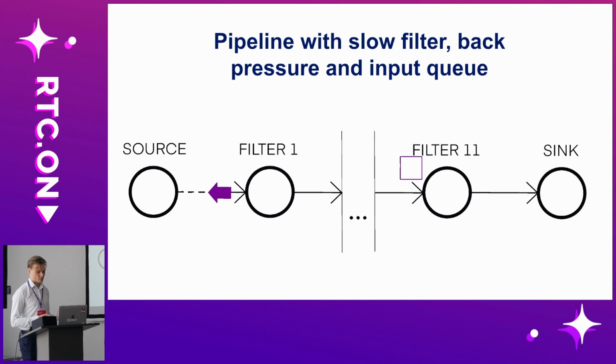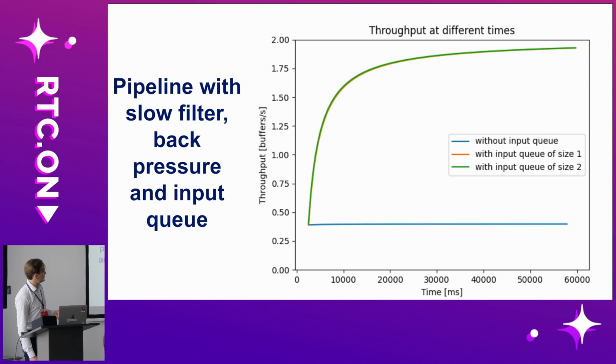So for instance, initially we send some demands to fill that queue, and once its size is smaller than the desired one, we also send demand messages in advance. And here is how it makes our throughput increase.